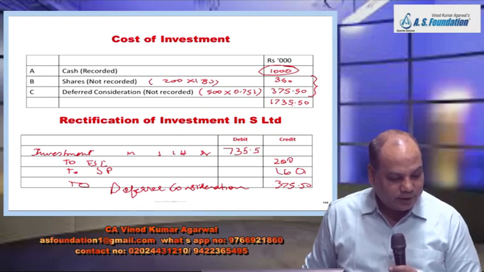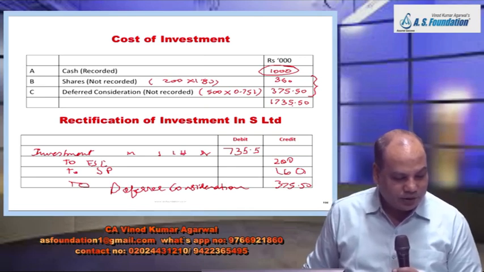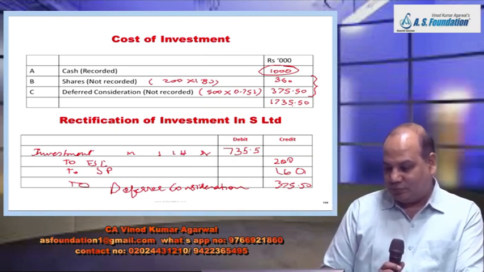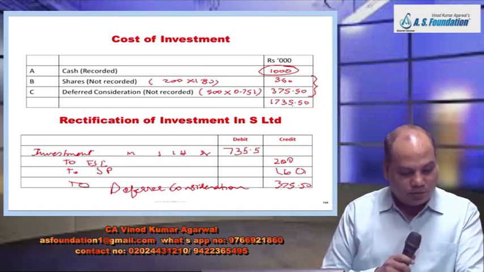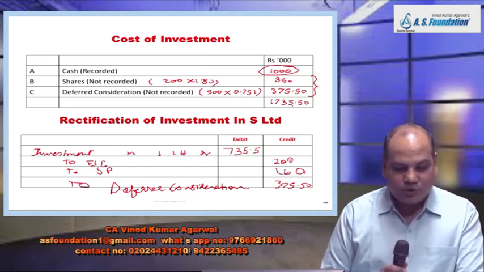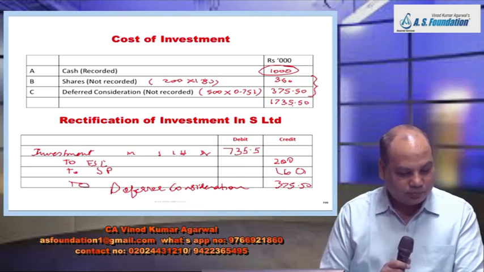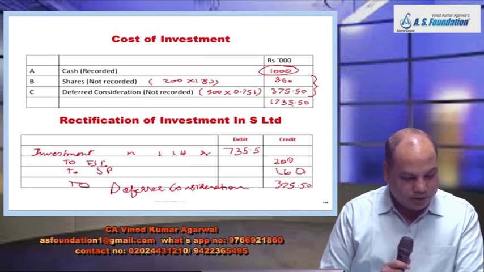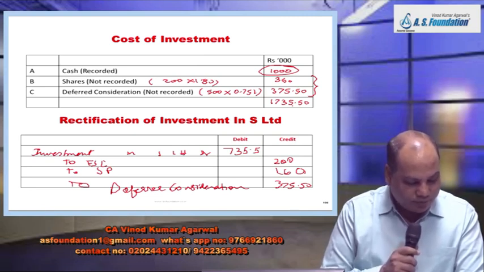Then inventory, receivable cash, equity, share capital. Tick mark share capital also, because you have issued shares, so 200 rupees plus. And then retained earning, and one more item will come, securities premium in this problem.